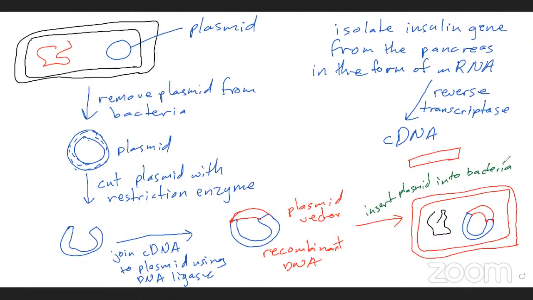So the host is the bacteria, right? The bacteria must be able to replicate itself. So in order to do that, we're going to now put the bacteria in growth medium so it can replicate. So the final step, we just put the bacteria in nutrient media.